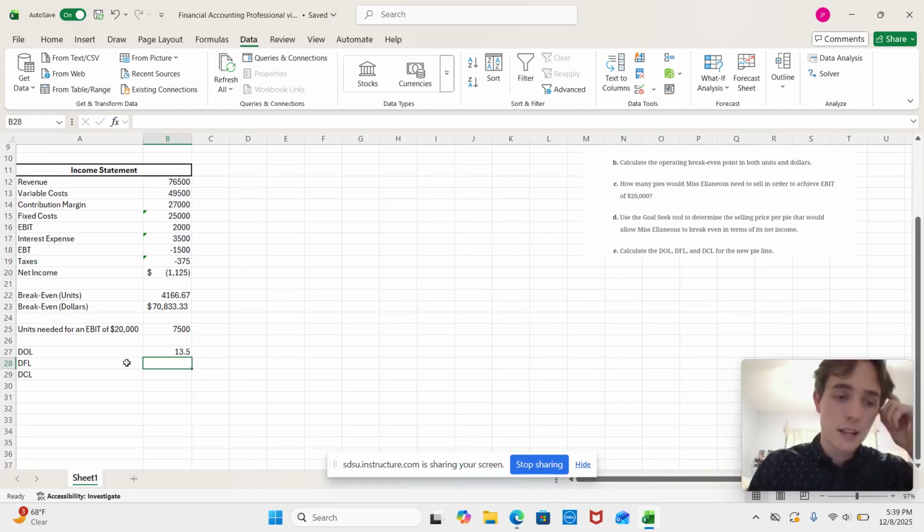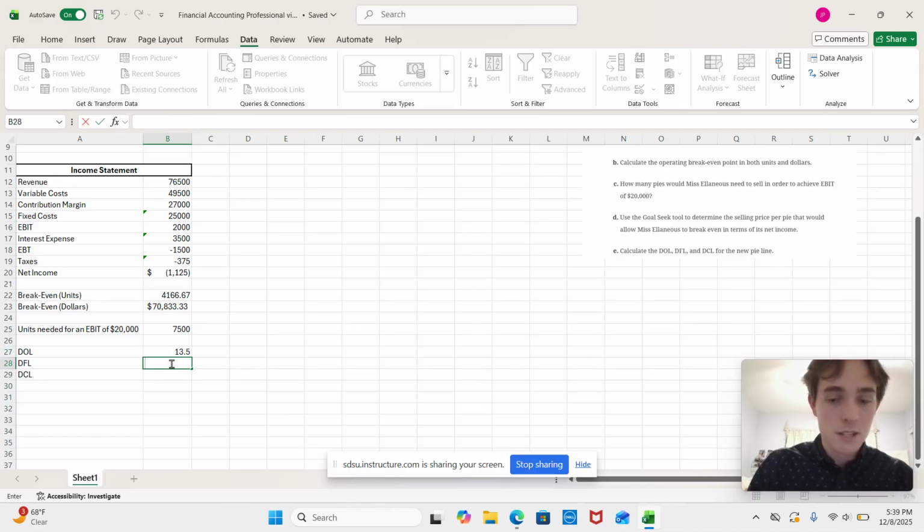So now we're going to look at the degree of financial leverage, and that one is going to be the EBIT, or B16, so equals B16. And that one is going to be divided by the EBT, so the earnings before taxes, which is B18. Okay, and right there we get negative 1.33.